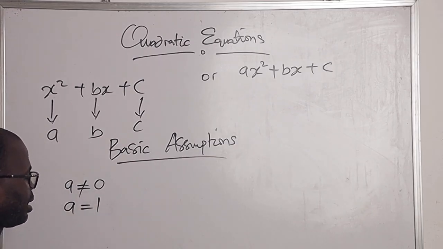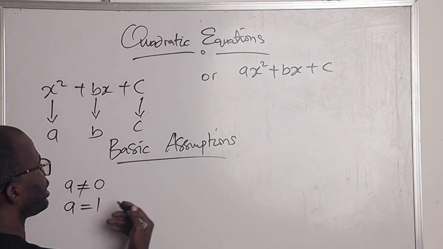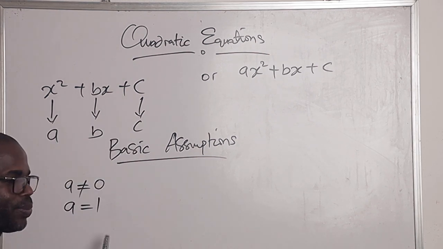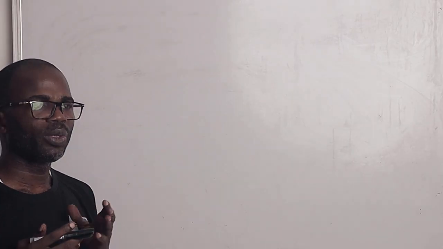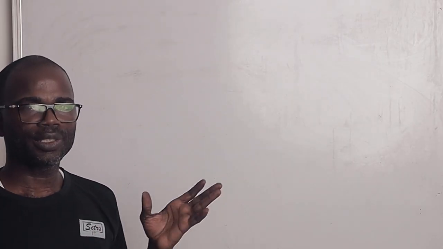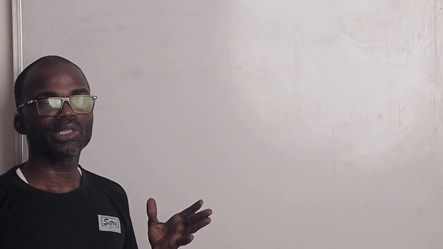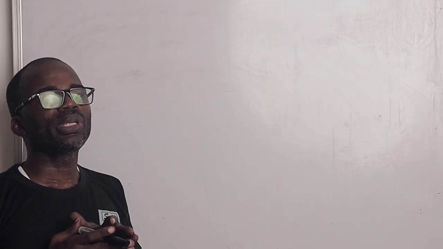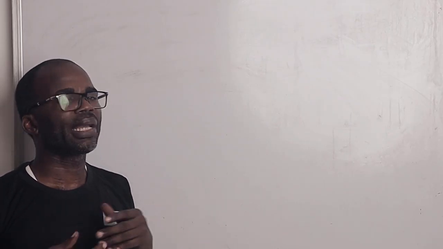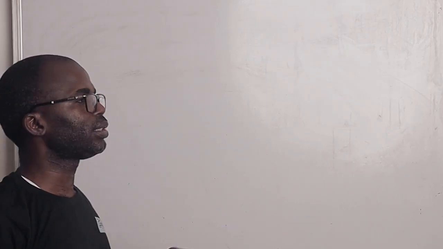So if that is what it is, then we should now try to solve a simple quadratic expression. In this part, we shall be looking at a simple quadratic equation to start with, to explain how to easily factorize and calculate this equation.